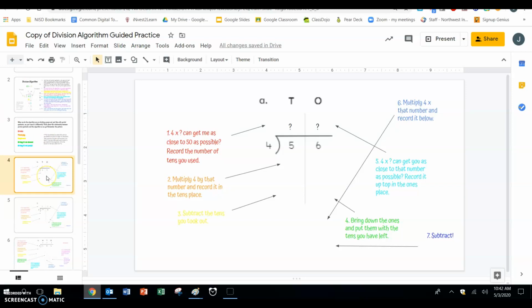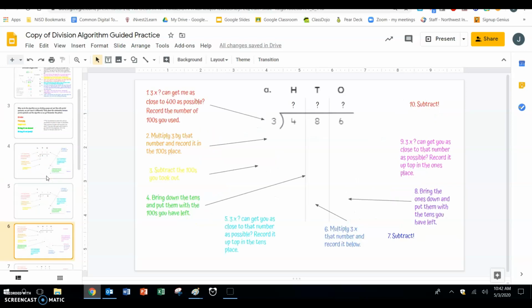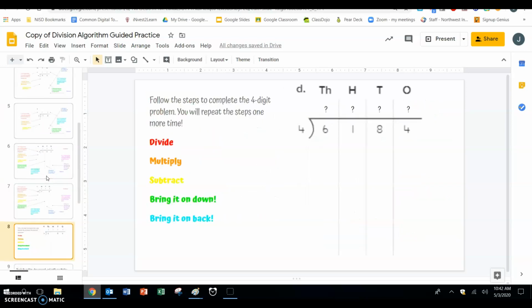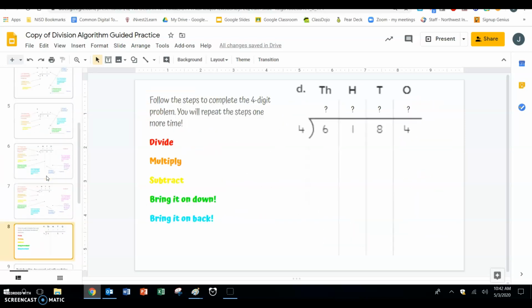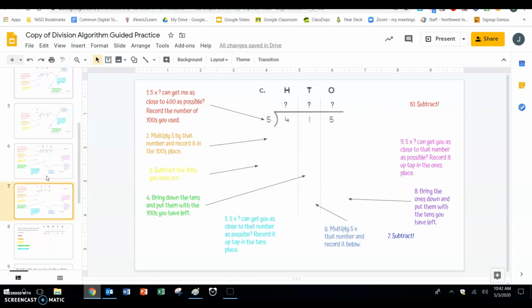Slides 4 through 8 are going to include example problems with 2, 3, and 4-digit dividends. You are going to solve through using the hints that are given. That's part 1 of our assignment.